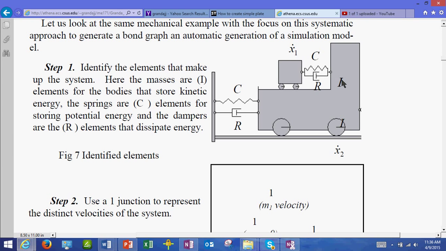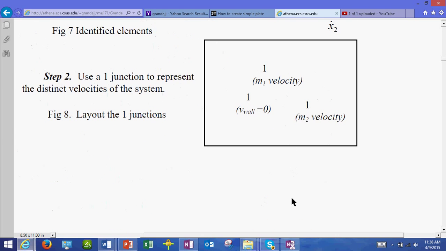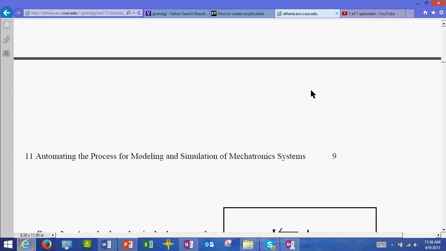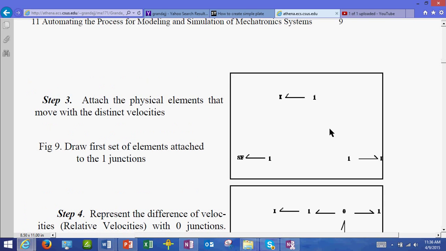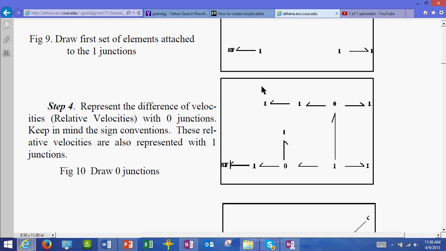So I think what we need to do is first lay out the ones and then put out the elements that see those velocities right away. That's this step. Then the next step is to represent the zero junctions, the relative velocities or velocity differences, with zero junctions in such a way that you have the velocity of the cart minus the wall represented by this zero, and that also is the difference.